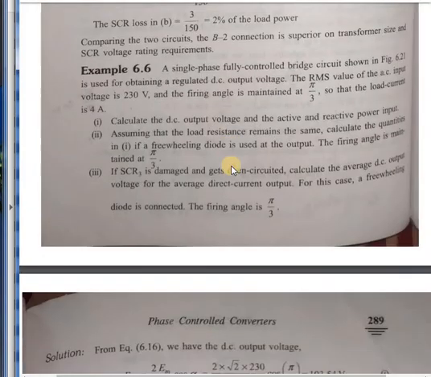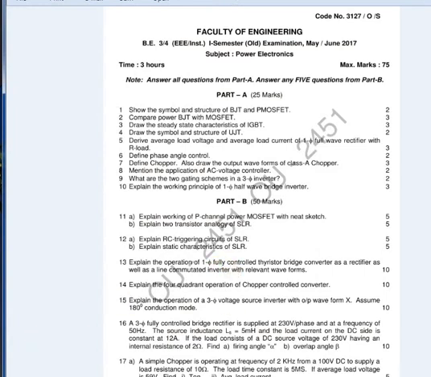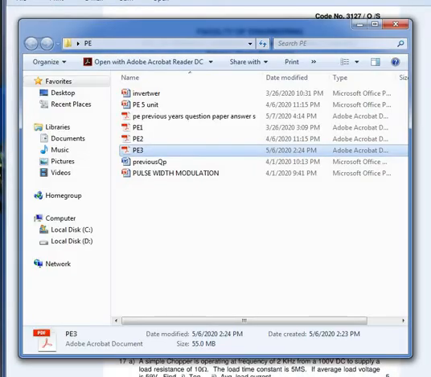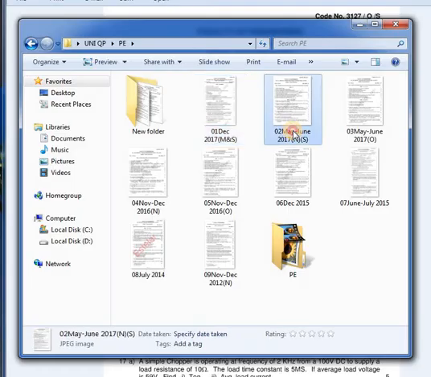Now there are also similar problems. You see here, there are also some more problems being asked.